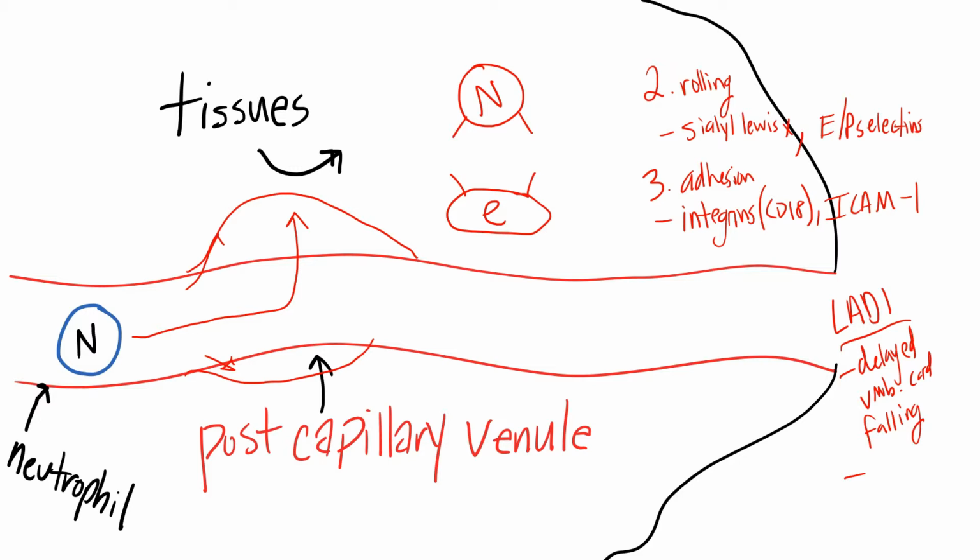You're also going to have an increased neutrophil count in the blood. That's because the marginating pool in the lungs, which normally holds the neutrophils onto the lung wall using adhesion, isn't working properly. It lets go of all those neutrophils, and now they're all floating around in the body.